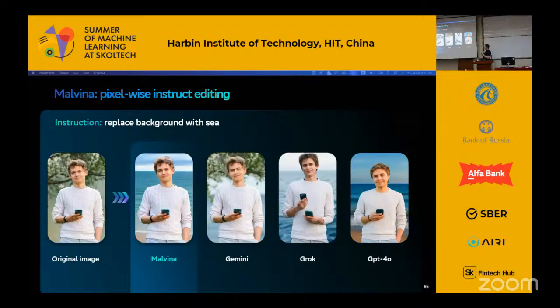It's a Photoshop actually, but not in terms of masks, as I said, but in terms of instructions. You would like to edit the photo just using words or text, no more, because text is a much simpler input for humans than masks.